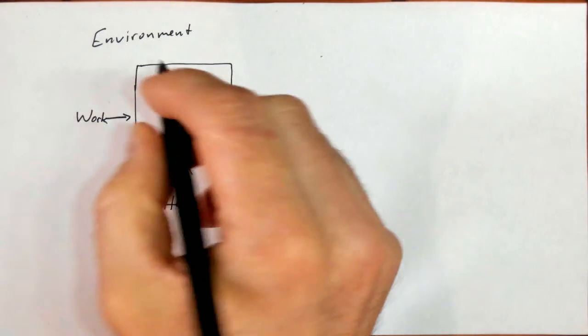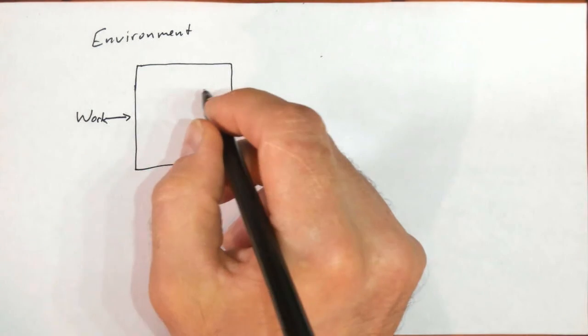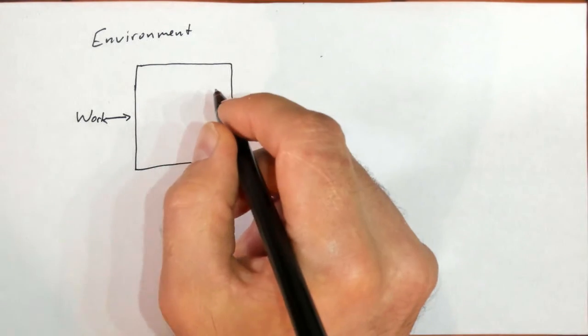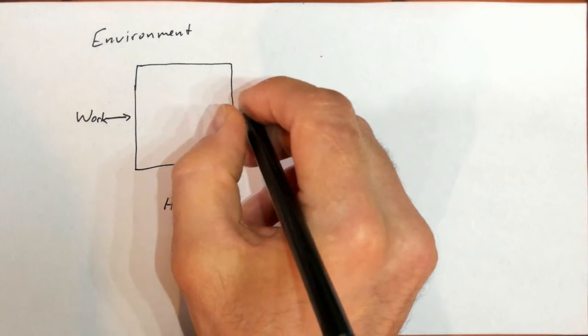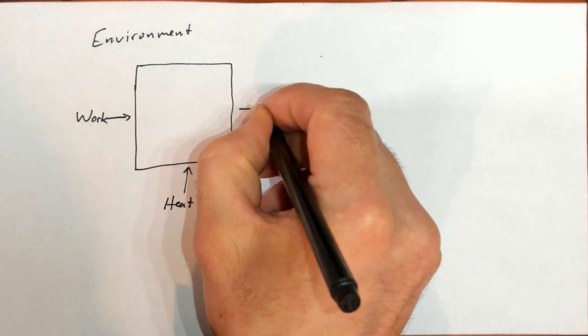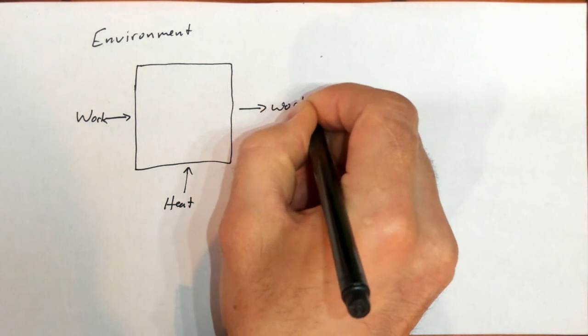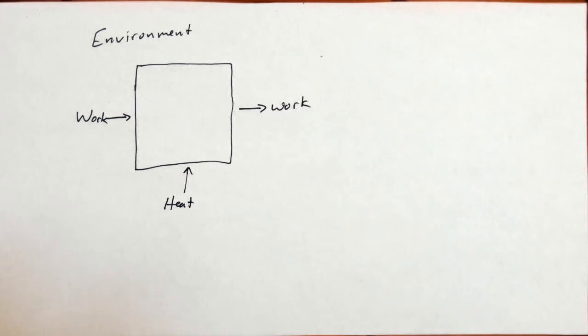And then there can be things coming out of the system. So for example, the system can do work on the environment. Okay, so the system could push against the environment, and so these are transfers of energy from outside the system to inside the system.